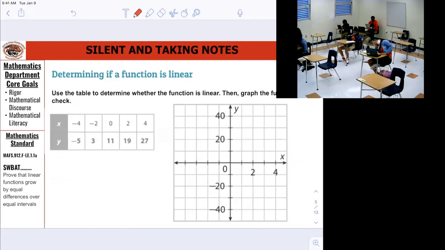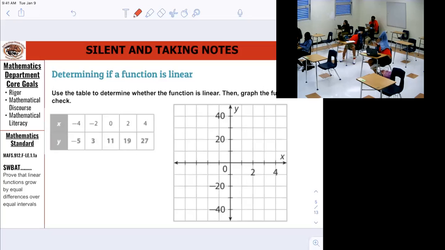So let's go ahead and look at another example. So now I only have a table. And what I'm going to do is use the table first to see if it's linear. And then I'm going to graph it just to double check. Because a graph can show you visually, but we want to know mathematically and visually if it's going to be linear.